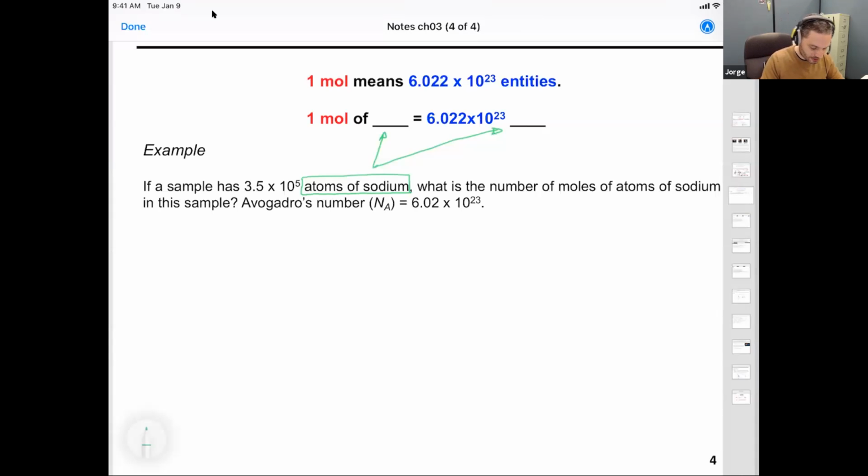Okay, so first thing, let's build our conversion factor. So we are going to use this line over here. 1 mole of, we are going to fill the gap with atoms of sodium because that's the thing that the exercise is dealing with.